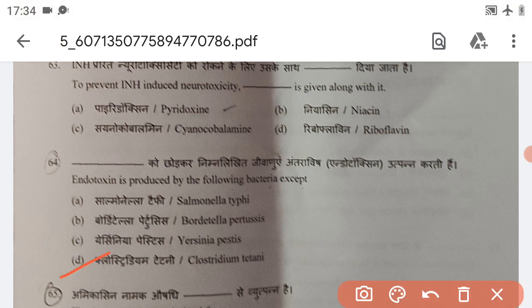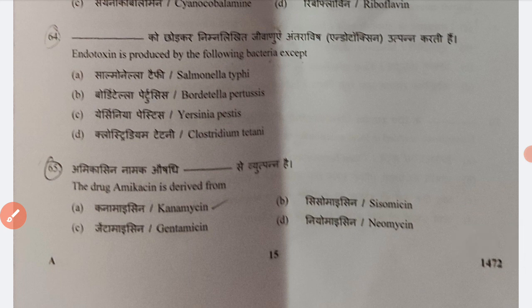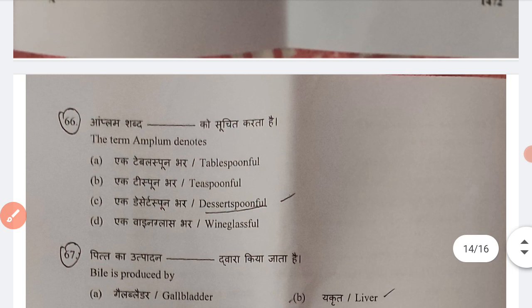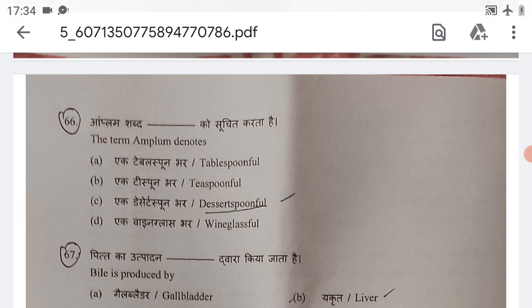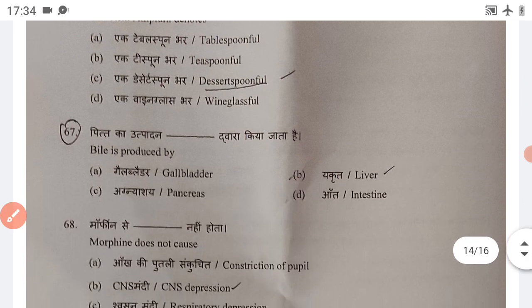Clostridium tetani is the right answer. Okay. Next, amikacin is derived from kanamycin. Next, amplum denotes tablespoonful. Option A is right.